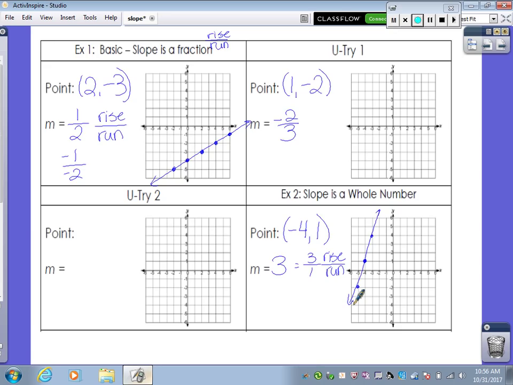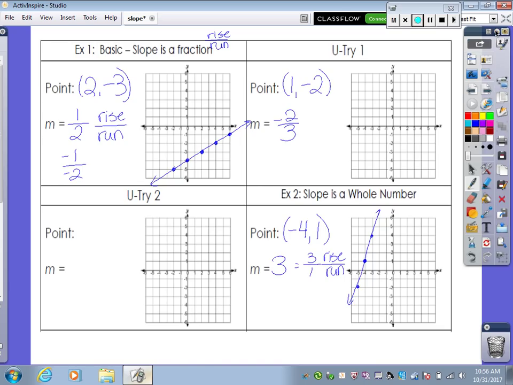If it were -3, it would be going the other way. I'm going to show you a slope of -3 in red on here, just to help. So if m is -3, and we have the same starting point, you could go down 3 to the right 1, or up 3 to the left 1.